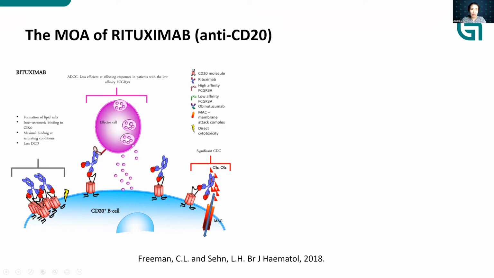On the other hand, the Fc portion of this antibody recognizes the Fc gamma receptor. This is CD16A on the effector cell, in this case the NK cell.